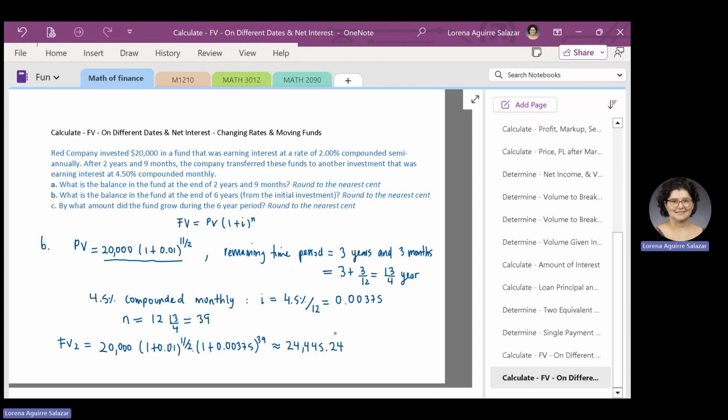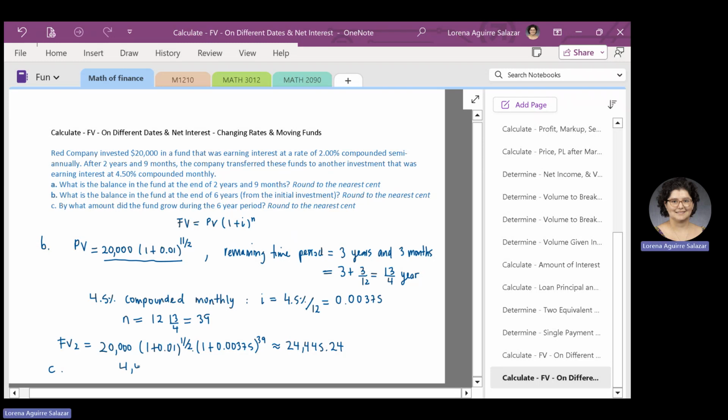And then to answer part C, we see that after 6 years, those 20,000 have grown into 24,445.24. So the fund grew about $4,445.24.